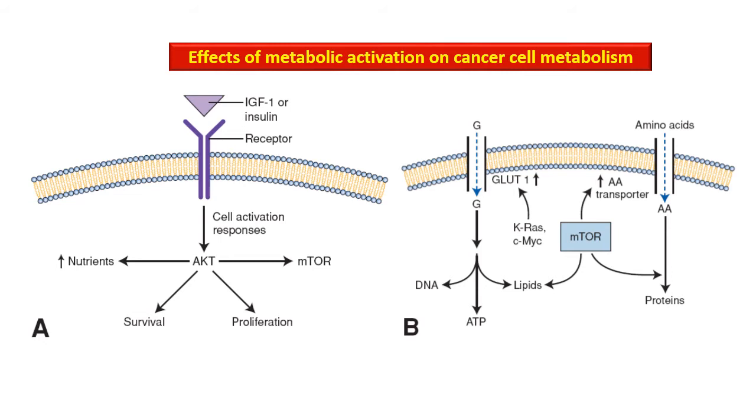Then mTOR also responsible for increased formation of lipid. It work with KRAS and MEK and increases the GLUT1 transporters, and as a result the glucose is entered more in the cell. It is responsible for increased energy generation and DNA formation.